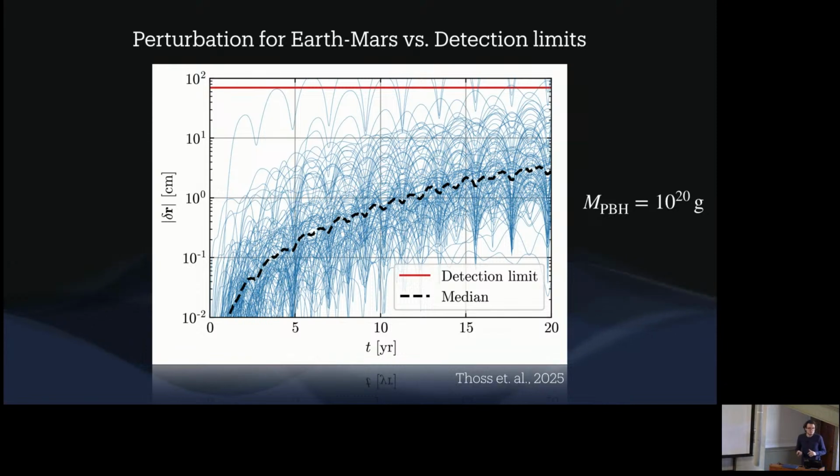So first of all, that means that you cannot directly rule out 100% dark matter in the form of PBHs based on this effect. But being just one order of magnitude shy, it's conceivable to think that this could serve as a gravitational probe of the existence of dark objects in the solar system.